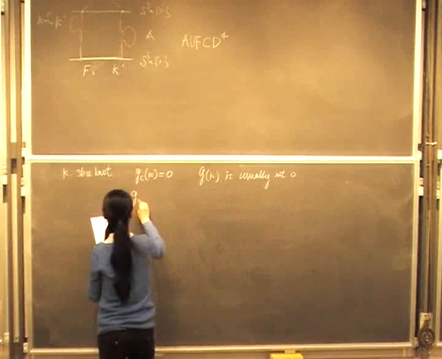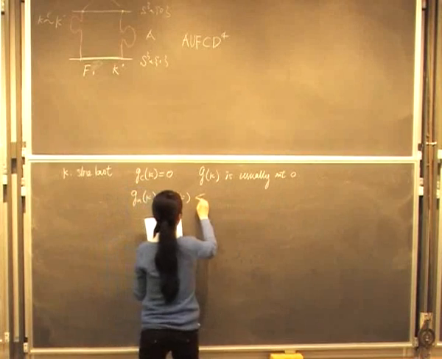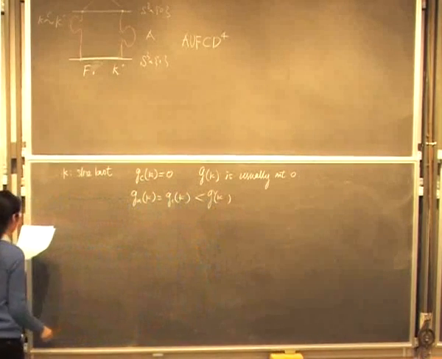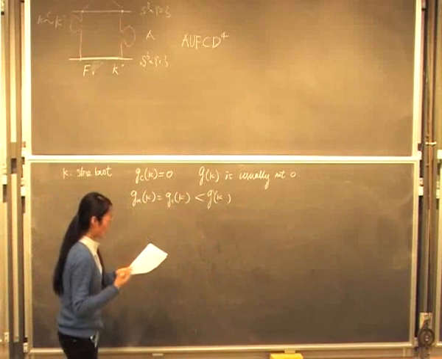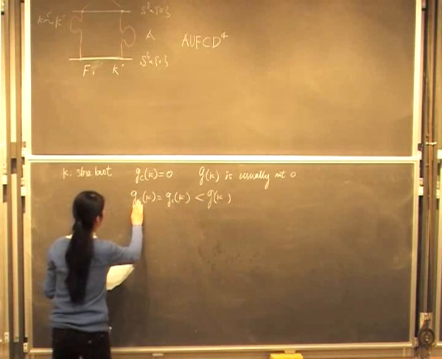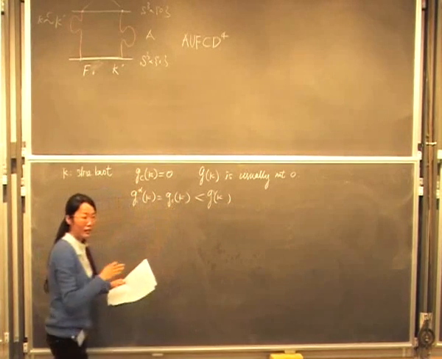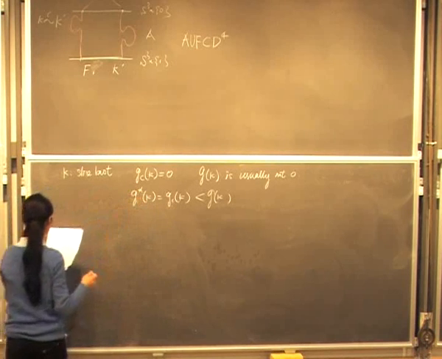But we have g star of K is equal to 0. So in this case, we may think about whether g star of K and g_C of K are the same thing or not, right? For a slice knot, they are the same.